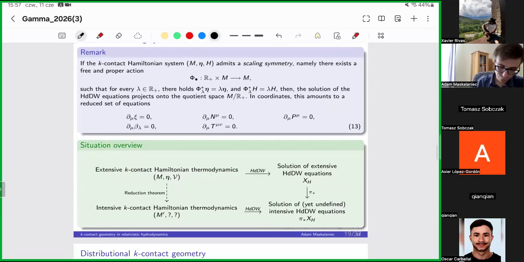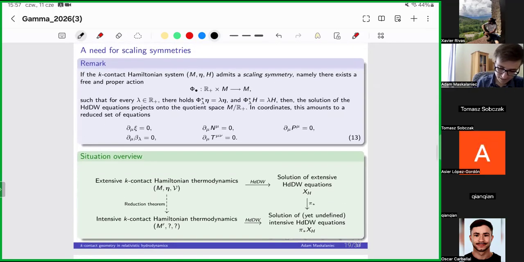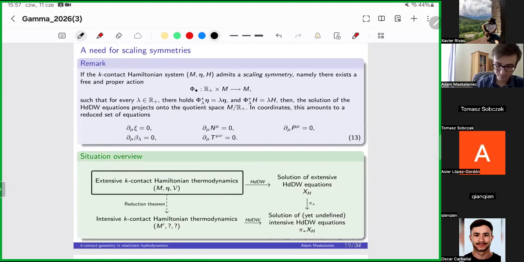So our big picture is here. I had a physical problem and I extended it a little bit. And then I was able to formulate it similarly in the language of k-contact geometry, as it can be done for thermodynamics using ordinary contact geometry.